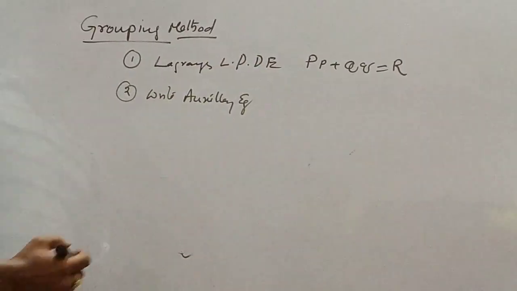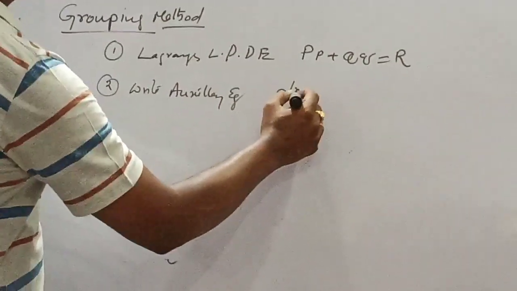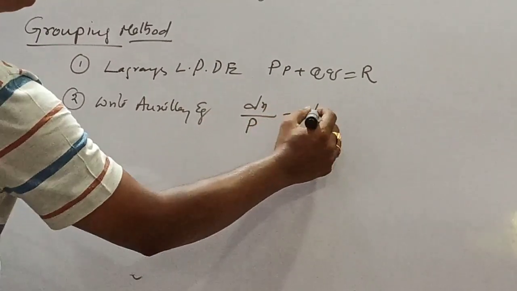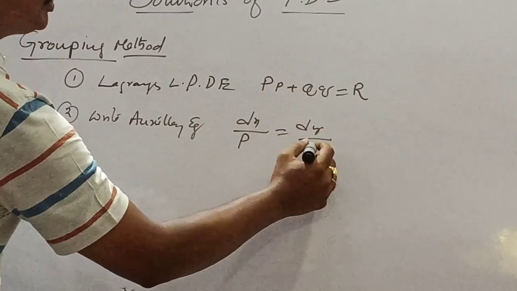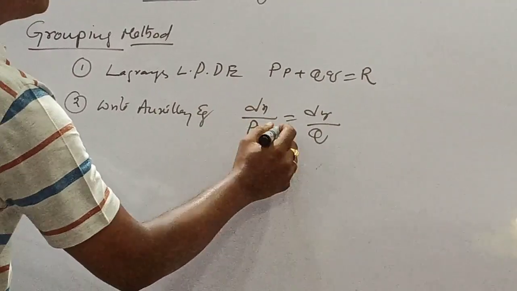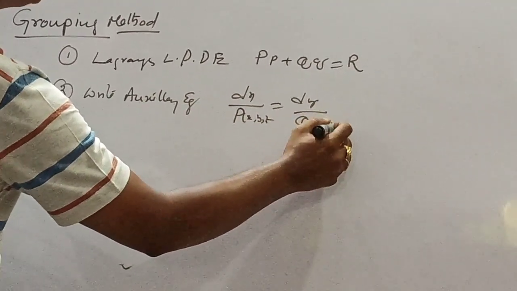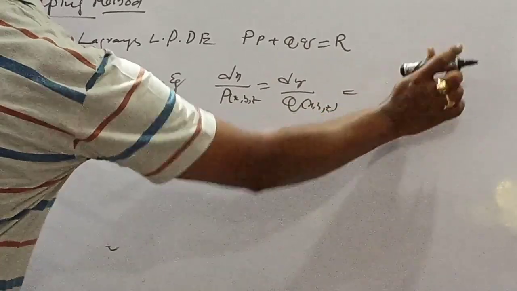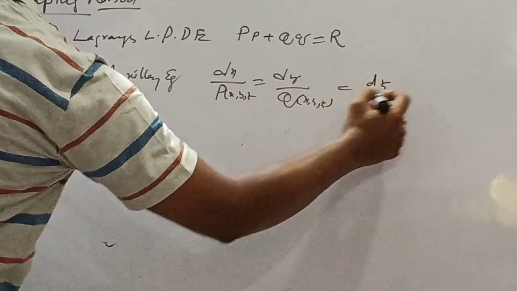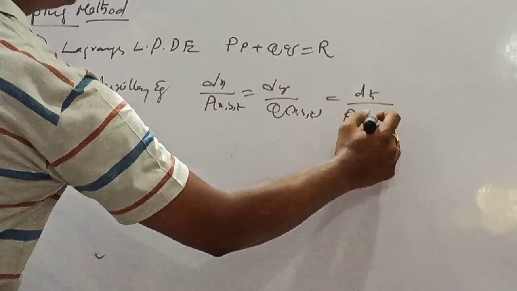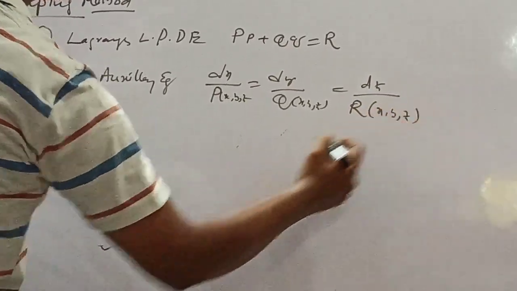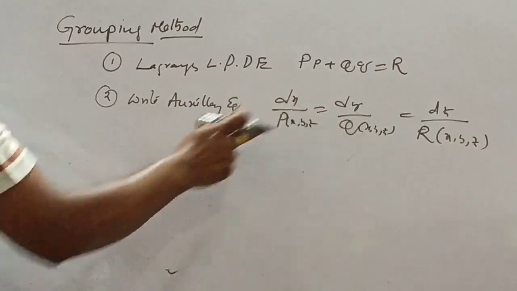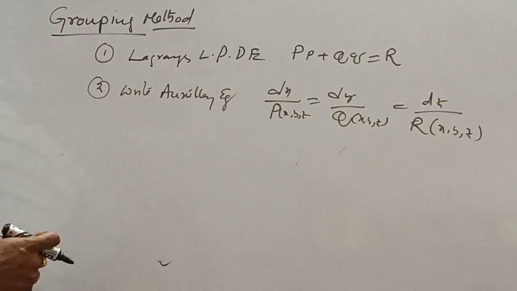Auxiliary equation means dx by P, a function of x, y, z, equal to dy by Q, equal to dz by R, where R is also a function of x, y, z. Clear? So the auxiliary equation is dx by P equal to dy by Q equal to dz by R.